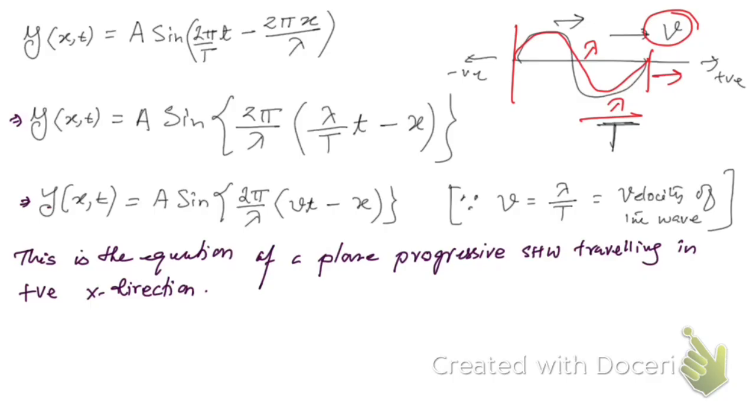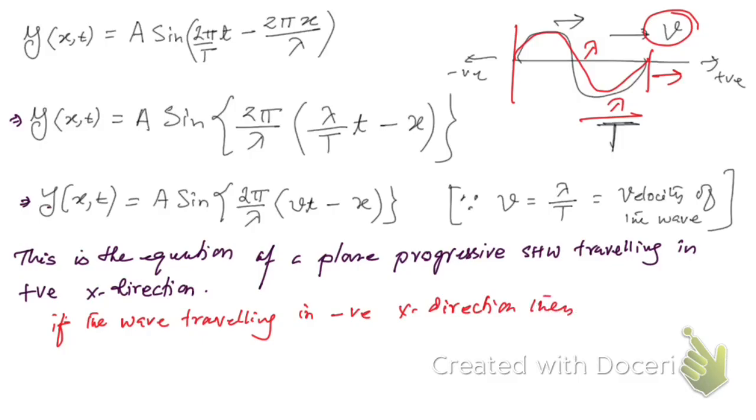So we can consider that if the wave is traveling in the negative x direction, then the equation will be y of x comma t is equal to a sine 2 pi by lambda, sorry, not omega t, v into t plus x.